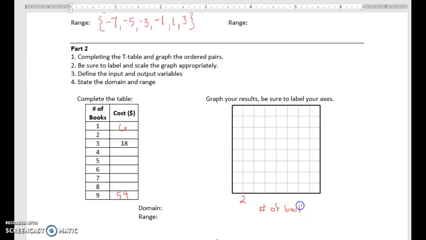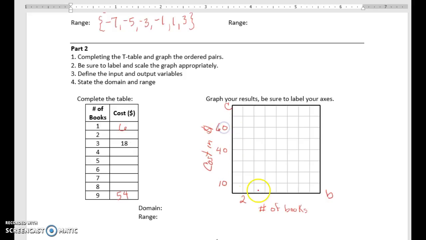We can assign a letter that is appropriate for this, so probably the letter B, or N for number of. And then we have the cost in dollars, and this is probably a letter C. We're going from 6 to 54, so maybe we can count by 5: 5, 10, 15, 20, 25, 30, 35, 40. That doesn't do it for us, so probably counting by 10s would be best: 10, 20, 30, 40, 50, 60.